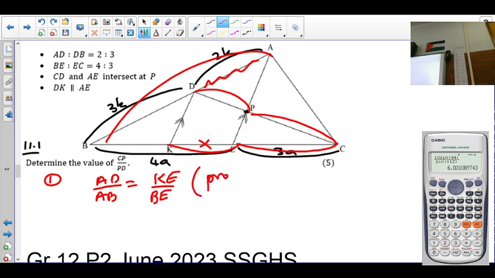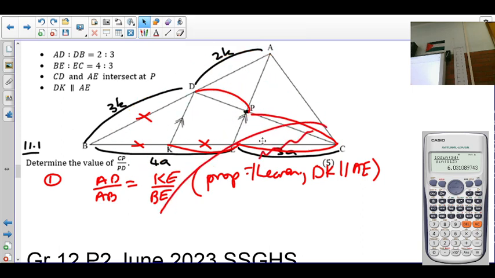The proportionality theorem, with DK being parallel to AE. Why did I not go with BD? The reason is that I don't have that.